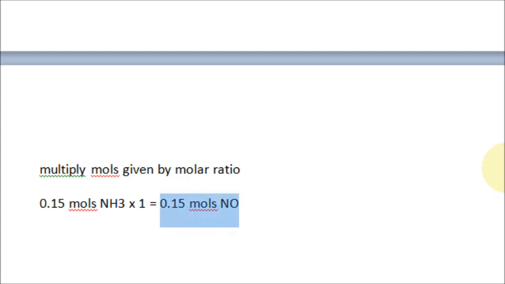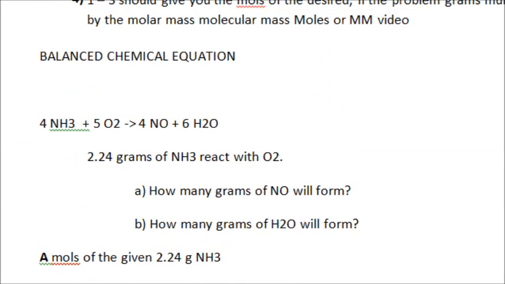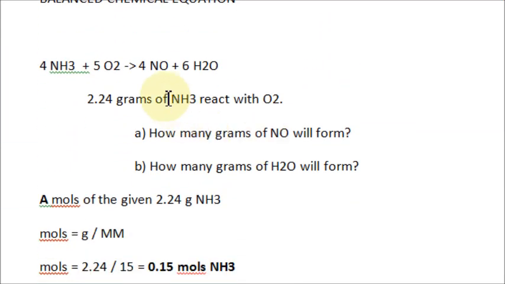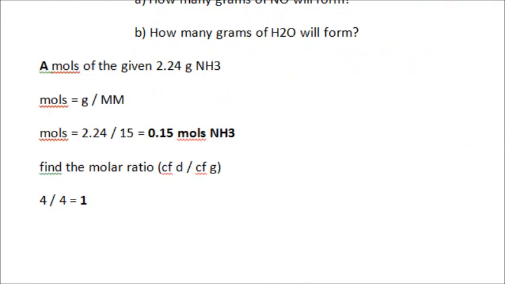That is how many moles of NO will be produced from 2.24 grams of ammonia.